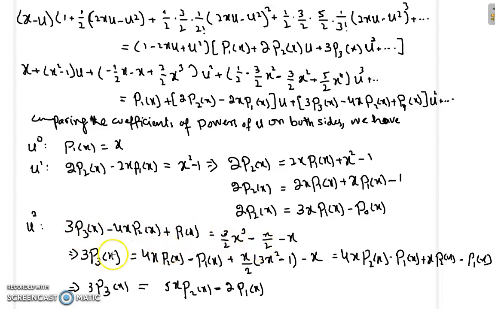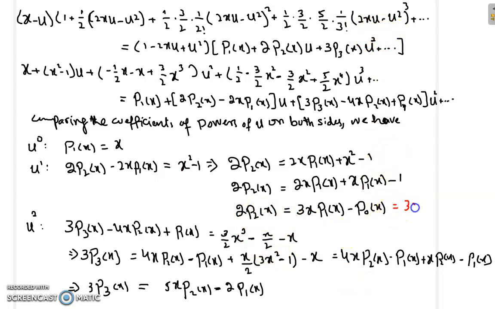This can further be simplified: shift these numbers, these polynomials, to the right side, and we have taken x by 2 common from these two, and we have got x by 2, this one, minus x over here, so 4x p2 minus p1 plus x times p2. How did we get this p2? We can get it from here, because this can be simplified.